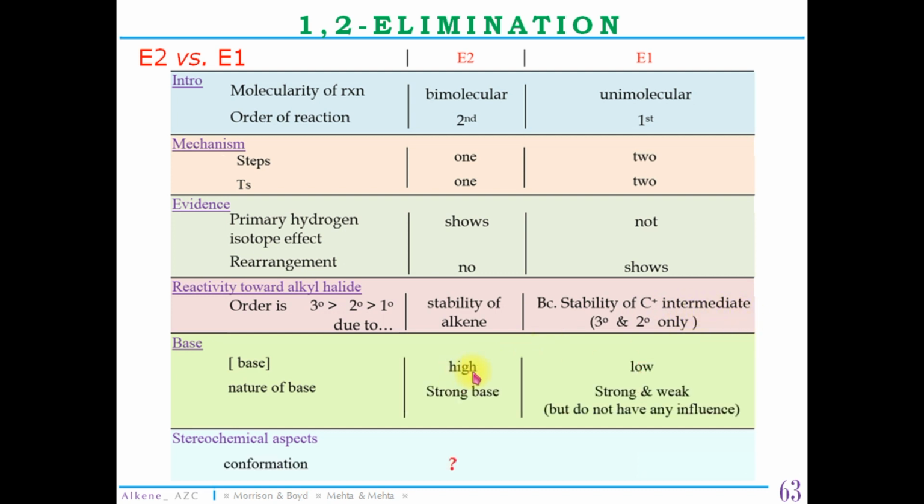High concentration prefers the E2 mechanism and a strong base prefers the E2 mechanism, while in E1 strong and weak bases both give the E1 mechanism and they do not have any influence on the mechanism. Stereochemical aspects: in E2 the hydrogen and halogen must be in anti-conformation.